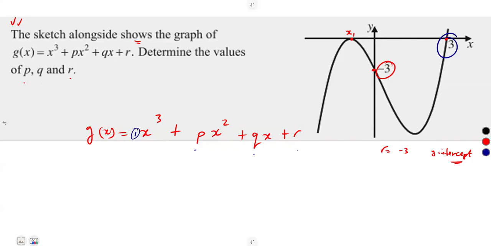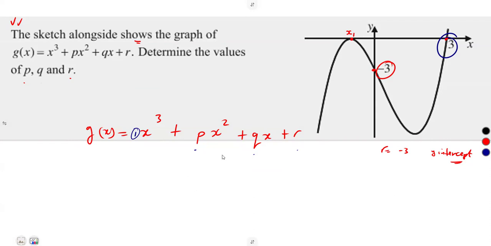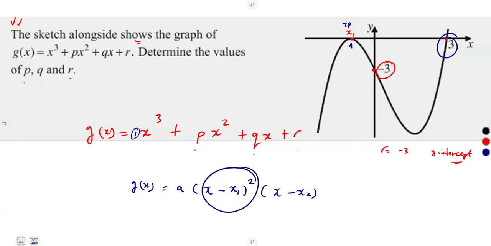So what can we do, guys? Here we are limited with a lot of things. Let me just take the easier way. The easiest way is to form the equation as if you were given this x value. How are you going to determine the equation? Remember, our g(x) is going to be equal to a into (x minus x1) squared into (x minus x2), because we have got this root at the turning point, so we must square it.